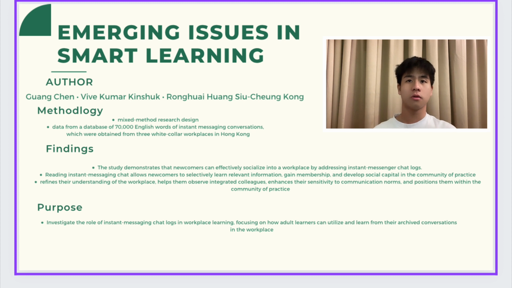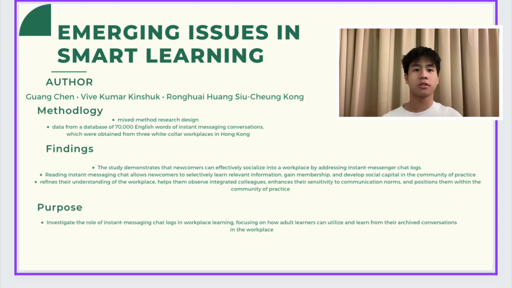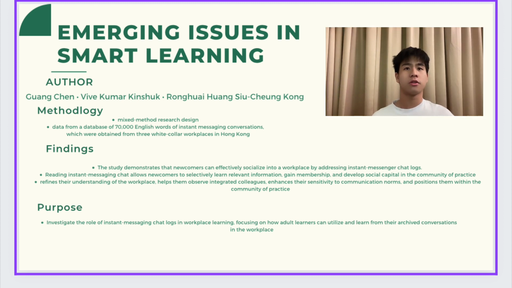For the third article, titled Emerging Issues in Smart Learning, written by Guangcheng, Kumar, and Ronghuai. The investigation used a mixed method research design, collecting data from 3 workplaces in Hong Kong by collecting data from the 70,000 English words of instant messaging conversations by these 3 workplaces. The investigation found that newcomers can effectively socialize into a workplace by addressing instant messenger chat logs.